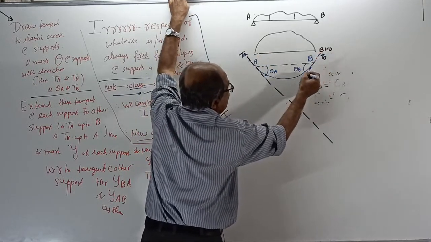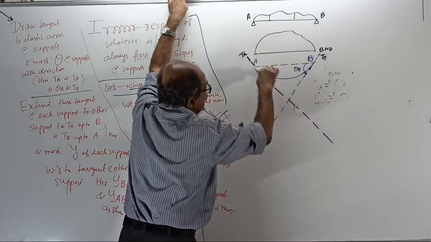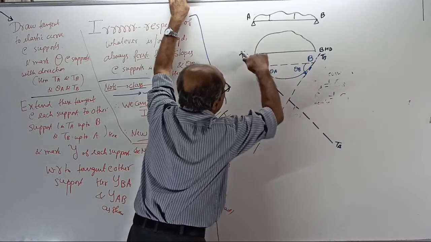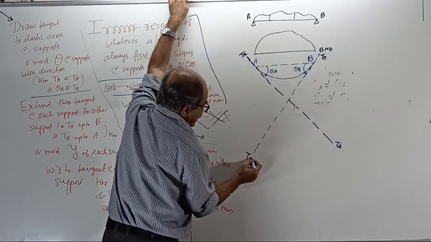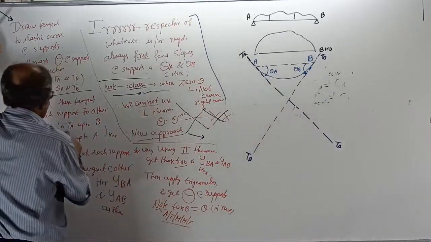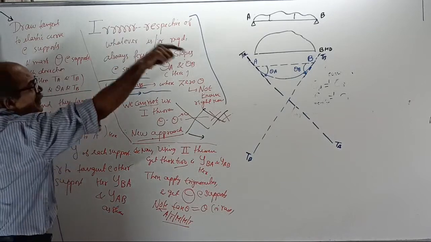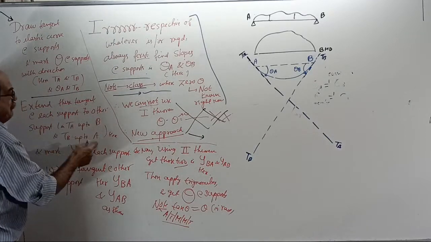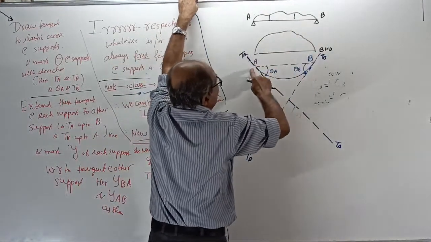Extend the tangent at B till the other support. See this way. So remember, this is tangent at A. See here, at A. This is tangent at B. Extend. That is your TA, tangent at A up to B and tangent at B up to A. For this question, if they call A, B, C, it is TA and TC.